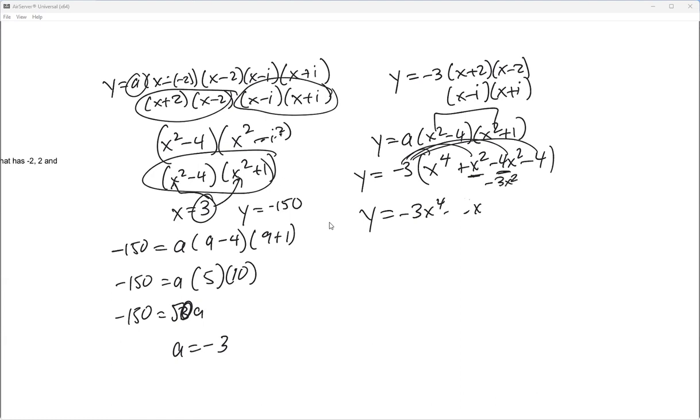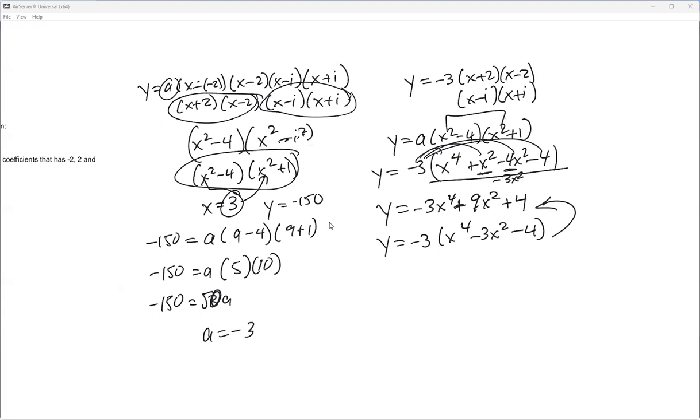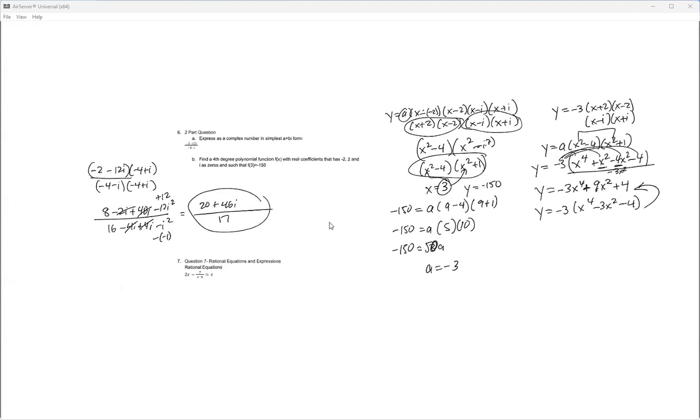Multiply that out, that'll be plus 9x squared plus 12. So this equation, if we combine like terms, is y equals negative 3x to the 4th plus 9x squared plus 12, and I distributed the negative 3 to get this in standard form. All right, that is number 6.